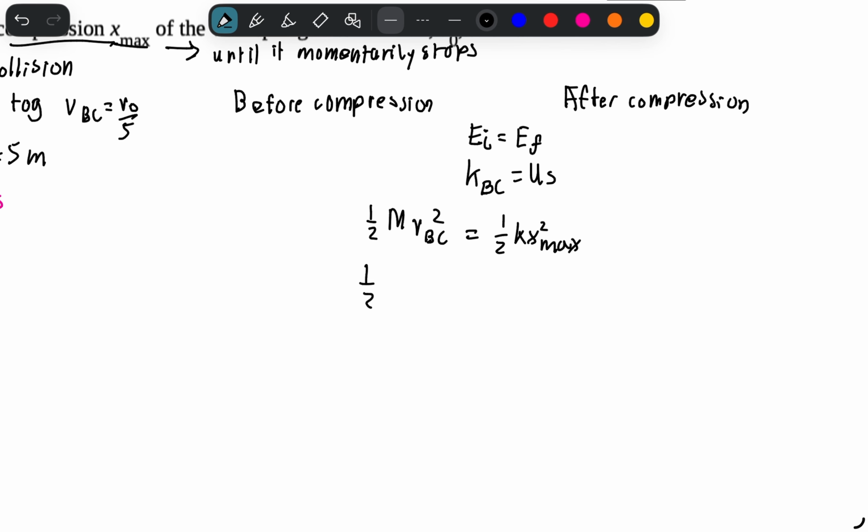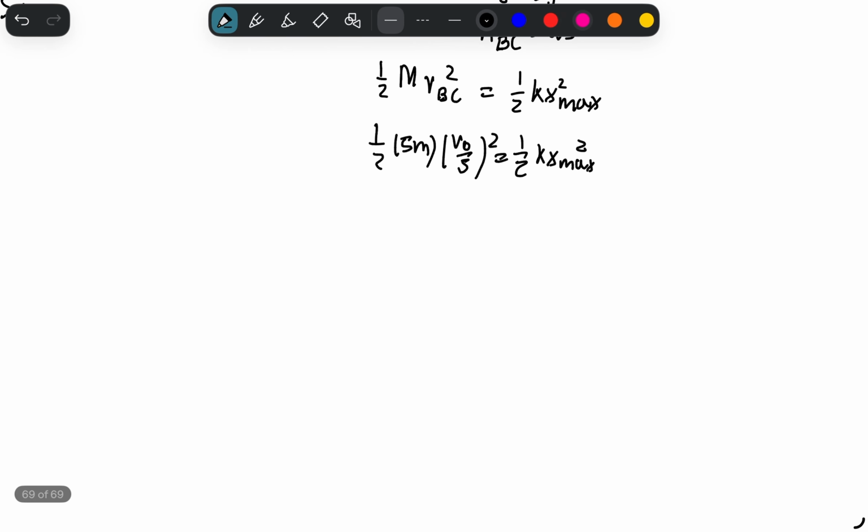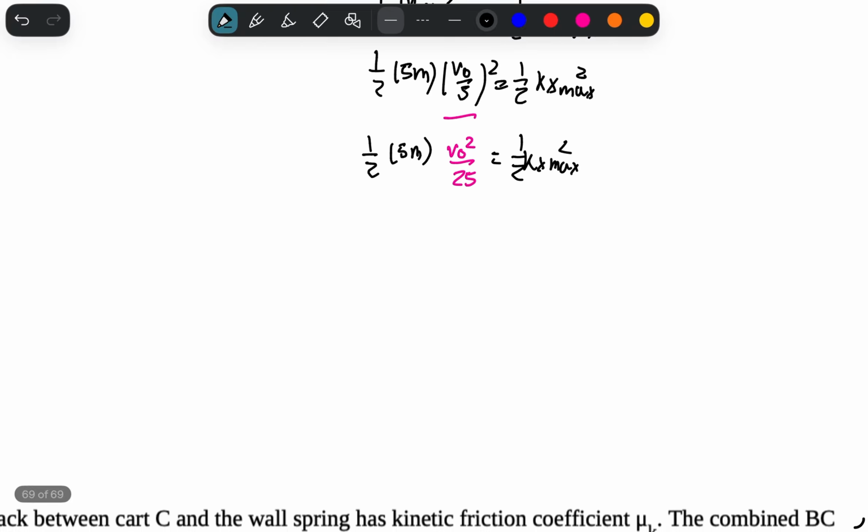You get 1/2 times 5m times v initial over 5 squared is equal to 1/2 k x max squared. Velocity, yeah, that's going to be v initial squared over 25. And this is equal to the same thing, 1/2 k x max squared, 1/2 times 5m. And on the left side, we can simplify this to 5m v initial squared over, this becomes 50.